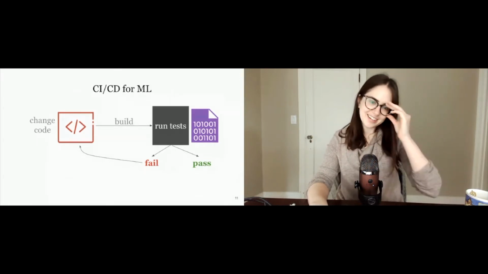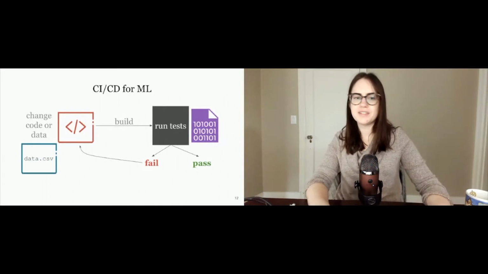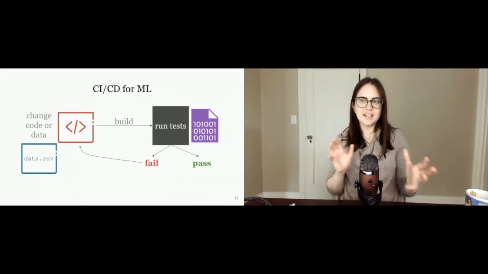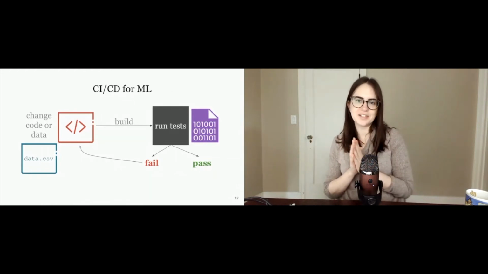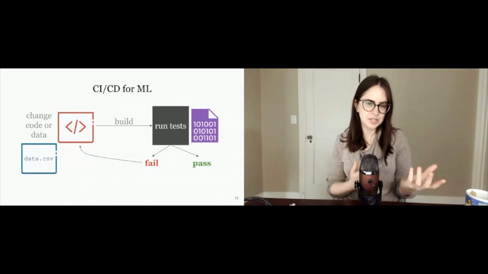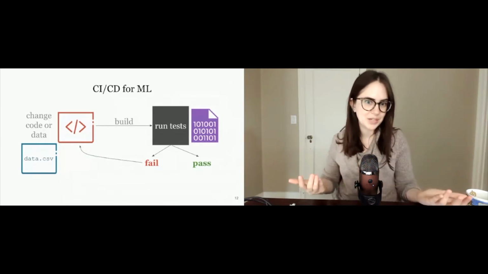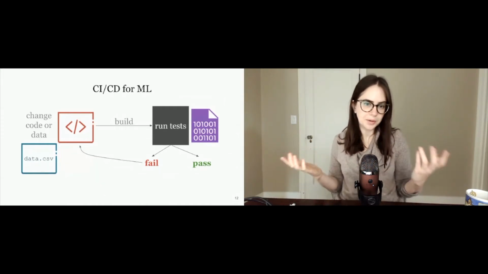So let's take a look at what's different when machine learning is part of the workflow. A few things. First off, it's not enough just to monitor our code. We also need to monitor for changes in our data set, because in machine learning, if your data set changes, that can have a huge effect on what the resulting model looks like. And in most applications, I'd say data is more important than your code.